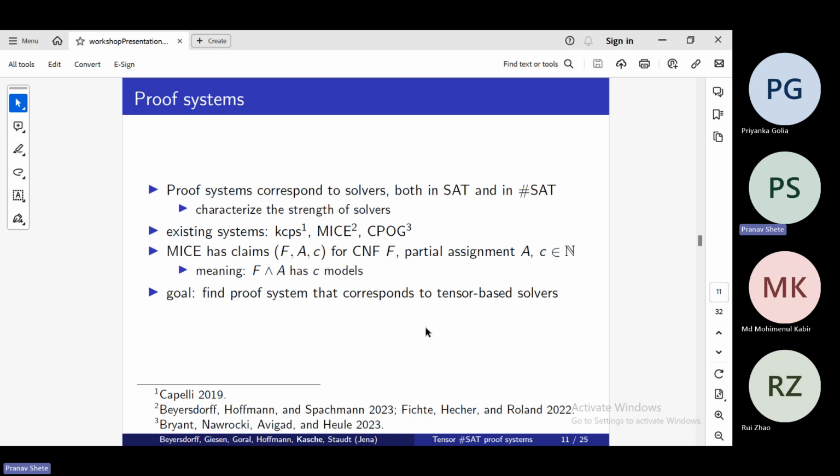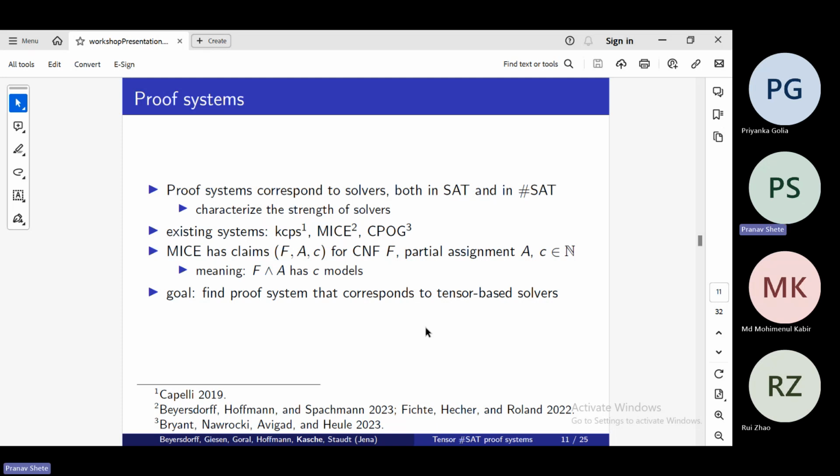And there are some existing proof systems for SharpSAT. So we know of KCPS, of MICE, which we are using. So it was originally introduced at SAT 2 years ago, but we are using the simplified version from SAT 1 year ago. And there's also the CPOG system.